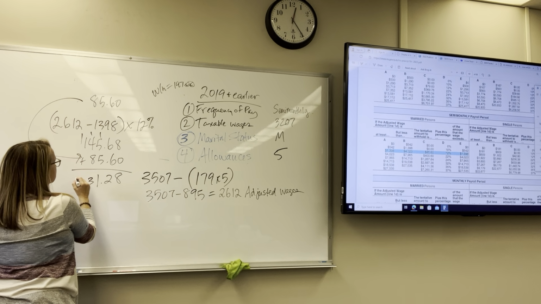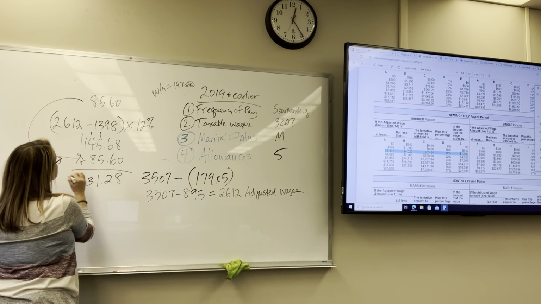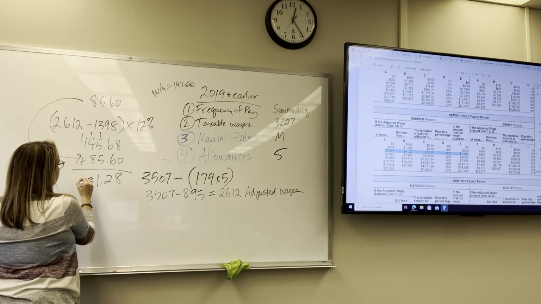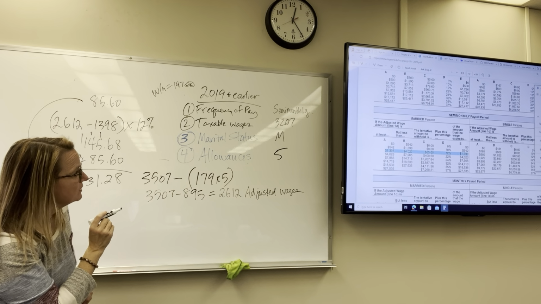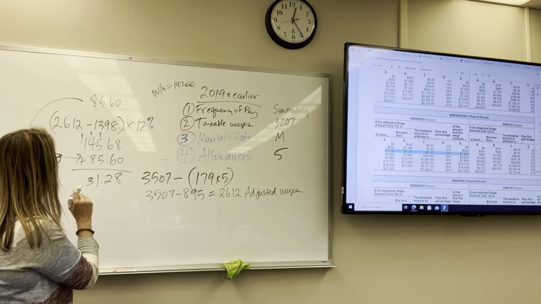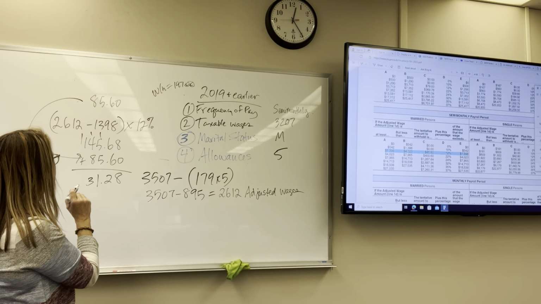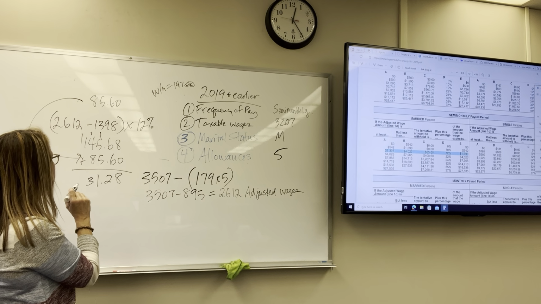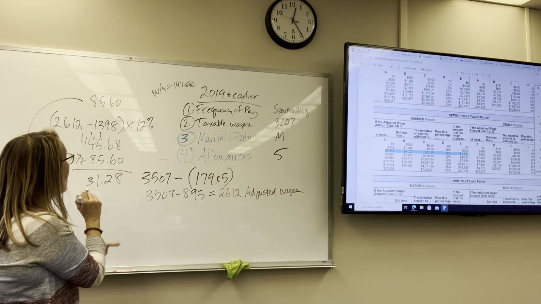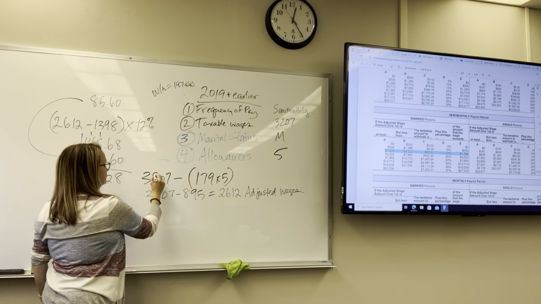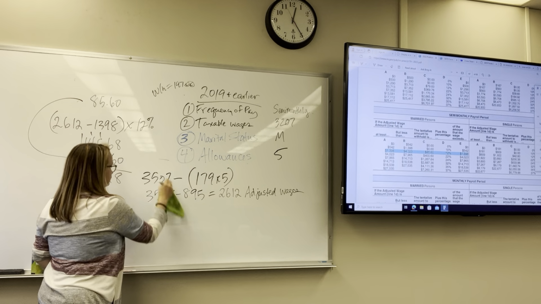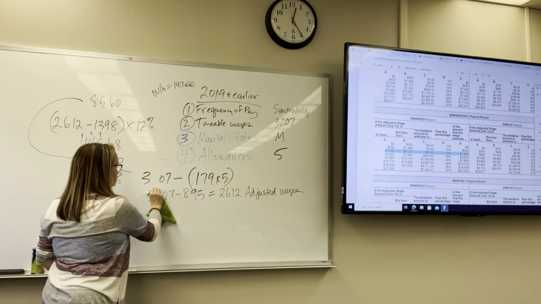What did I do wrong? I've got a calculation problem here somewhere. I used 35.07 instead of the 32.07. Yes, you're right, this should have been 32.07 because I changed it.